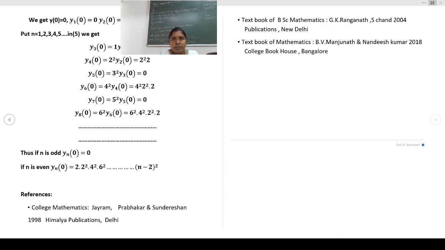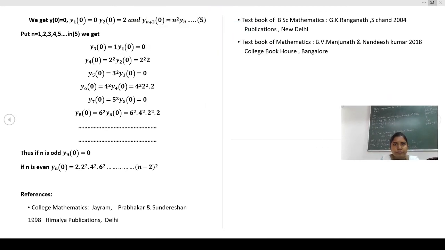When we are applying this equation, we get y of 0 is equal to 0 and y1 of 0 is equal to 0, because if the x value becomes 0, sin inverse of 0 is 0, therefore y of 0 is equal to 0, y1 of 0 is equal to 0, and y2 of 0 is equal to 2, and y_{n+2} of 0 is equal to n² y_n of 0 we get. So put n is equal to 1, 2, 3, 4, 5 in equation 5.